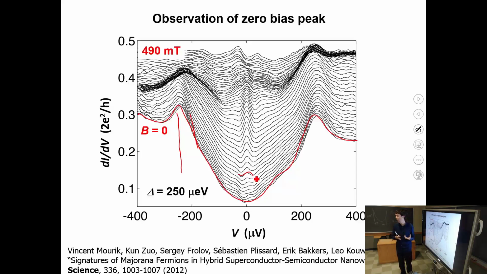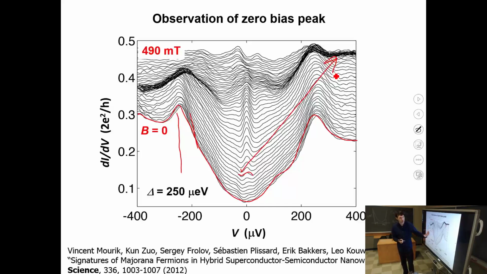So they somehow are not allowed to move away from zero bias because they are the bound states on the edges of a distinct topological phase. And that's what this peak does. So for comparison, if this zero bias peak had some spin, then in indium antimonide, it would move with a slope like this.